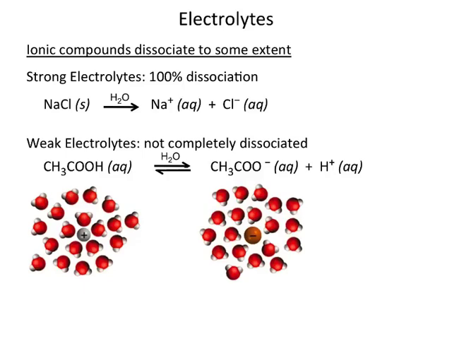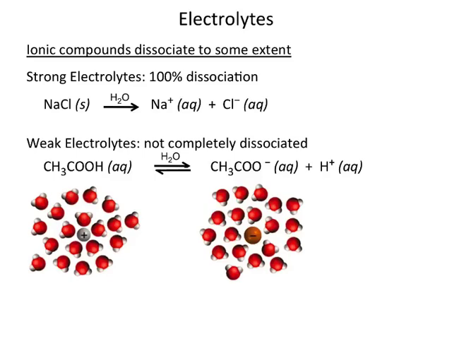And so that means if you have sodium chloride, you're going to have sodium ions and chloride ions when you dissolve this in water. On the other hand, weak electrolytes are not completely dissociated. So if you have acetic acid here, it will dissociate into the acetate anion and the H+ cation, but it only does so a small amount.